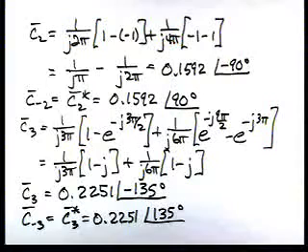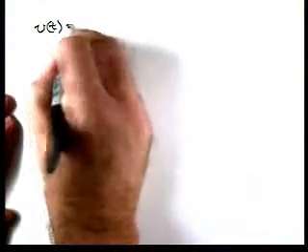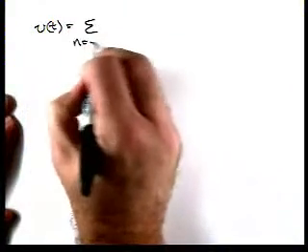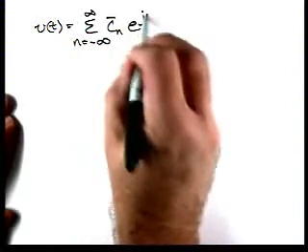Now, we can actually go in and write the exponential Fourier series. We know that v of t is the sum from n equals minus infinity to plus infinity of c sub n, e to the j n omega naught t.